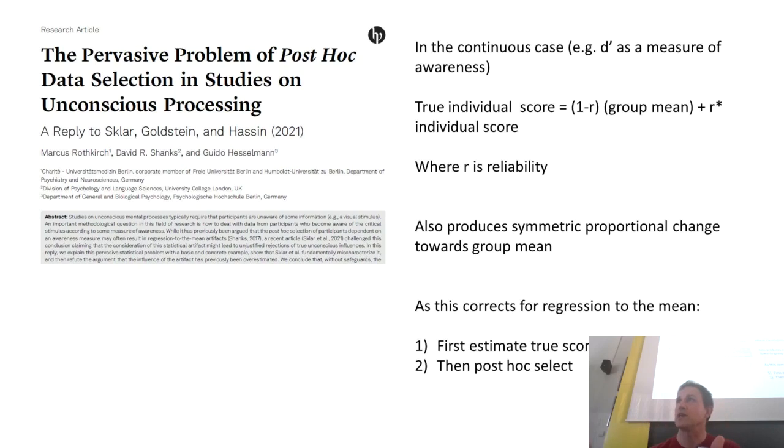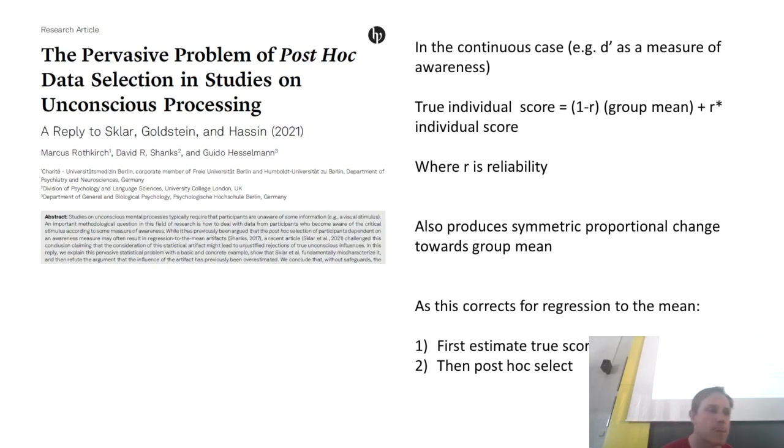Now you post-hoc select after that. That's my suggestion. You can do it with a continuous case. Simone Malik is doing some simulations now to see how far we can push that, what are the limits of doing that, and it still gets accurate results. So this is now a solution for continuous measures like D prime, and the solution I went through is sort of a categorical guess, sure.